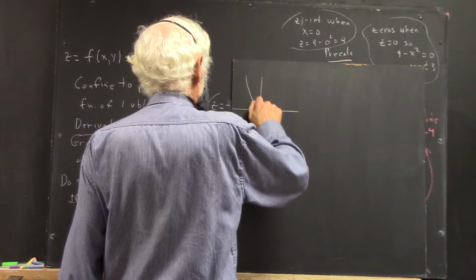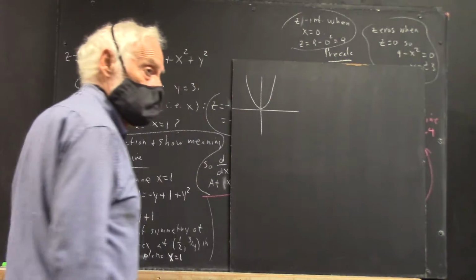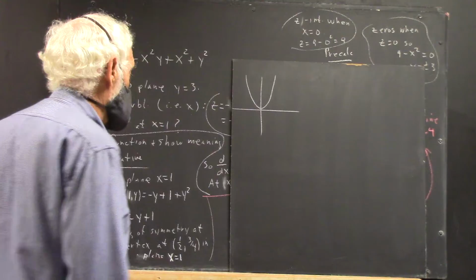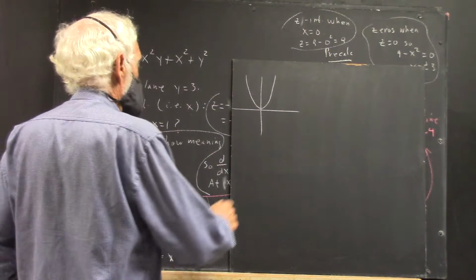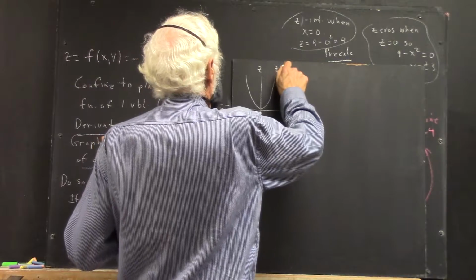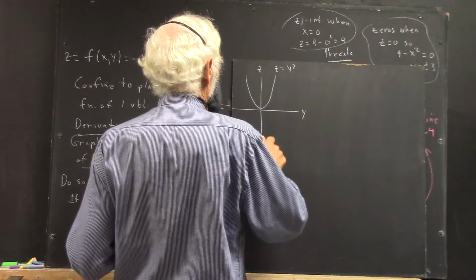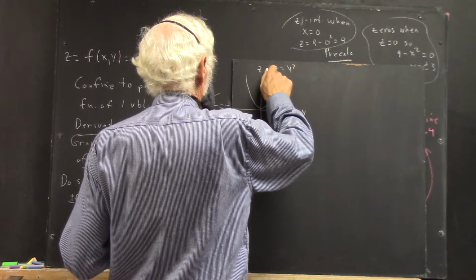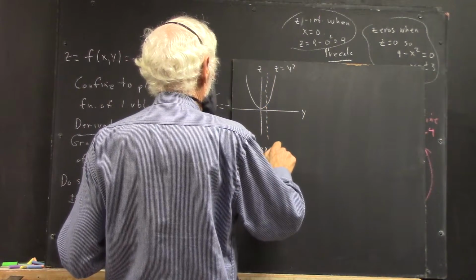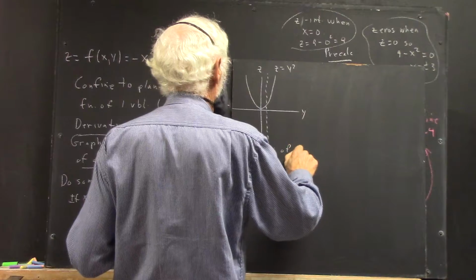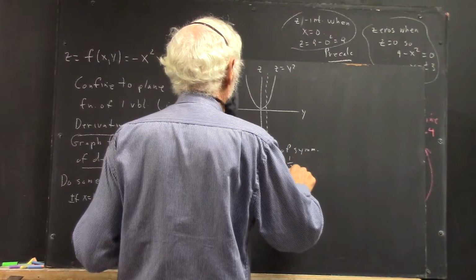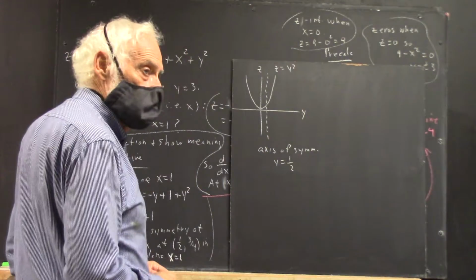You take your y equals x squared graph, and you shift it over to its axis of symmetry, which is y. And it's not y equals x squared, it's z equals y squared. Okay, axis of symmetry. Is it y equals 1/2?